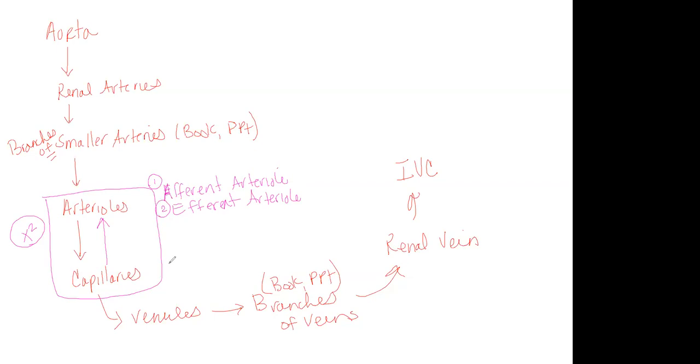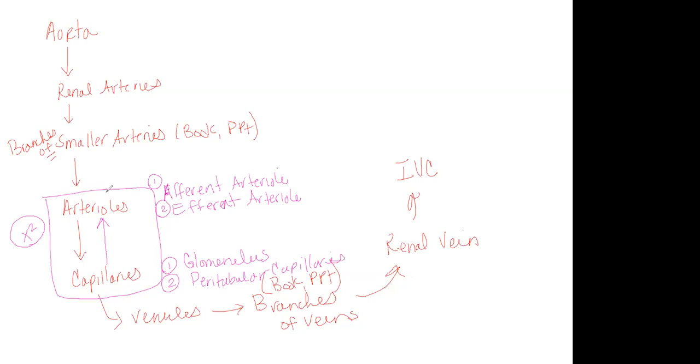For the capillaries, the first capillary we see is called the glomerulus, and the second set of capillaries is called the peritubular capillaries.